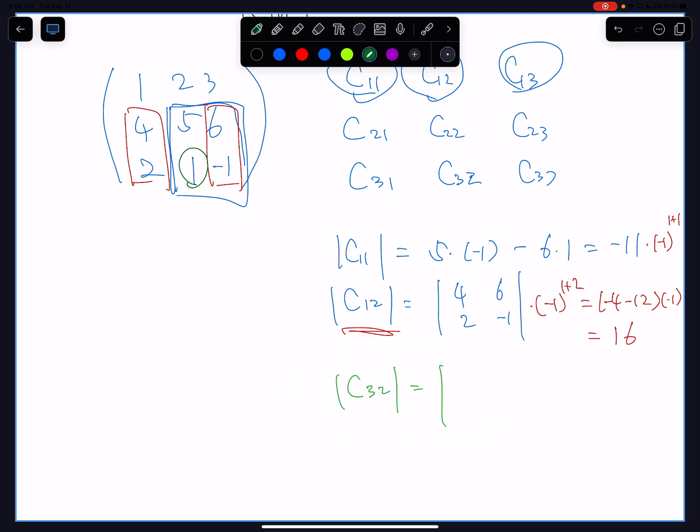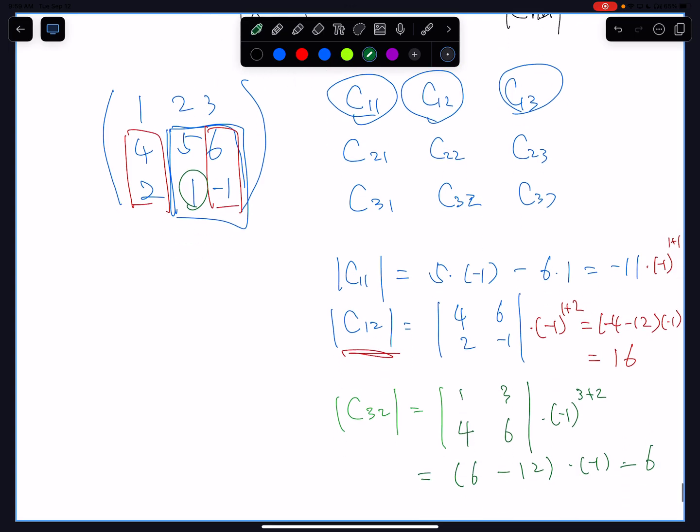So that means this is going to be the matrix 1, 4, 3, 6, times minus 1 to the power 3 plus 2. So that's 6 minus 12 times minus 1, so that's going to be 6. So you can compute all these things.